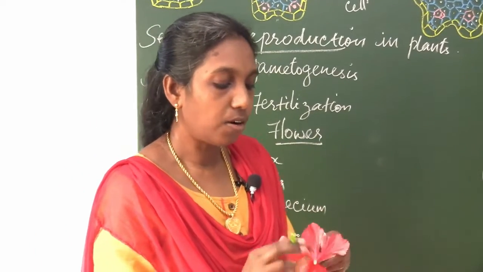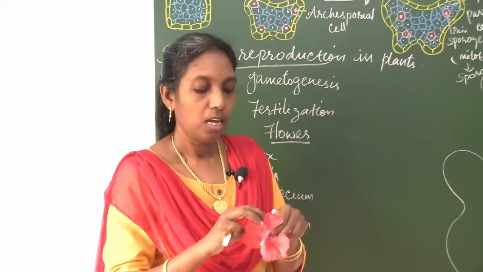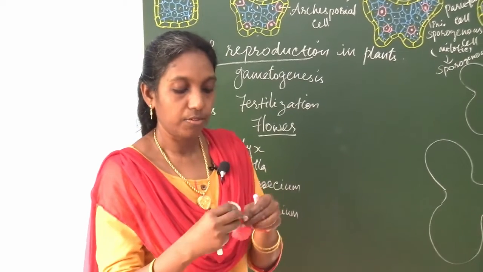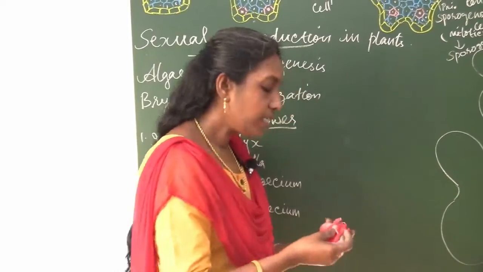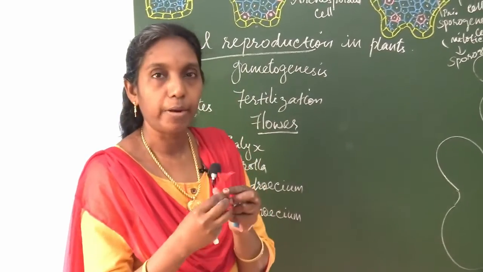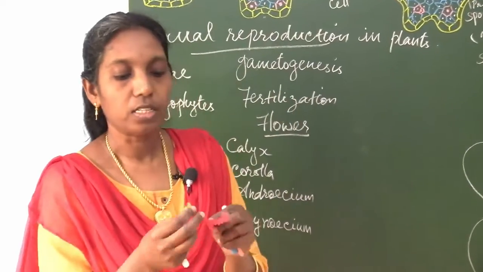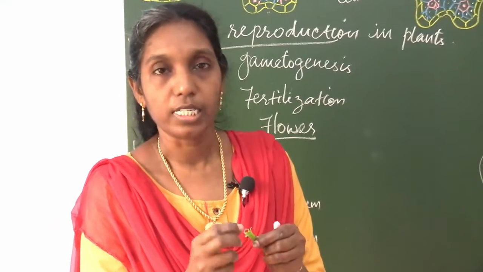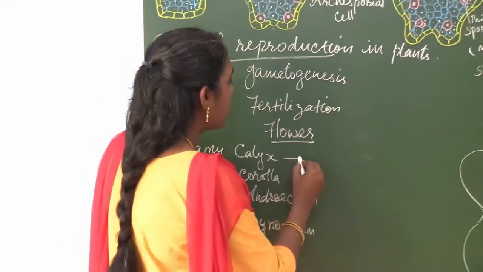The second whorl of the flower is the corolla. The calyx contains a number of units, and each segment of this calyx is named sepal.